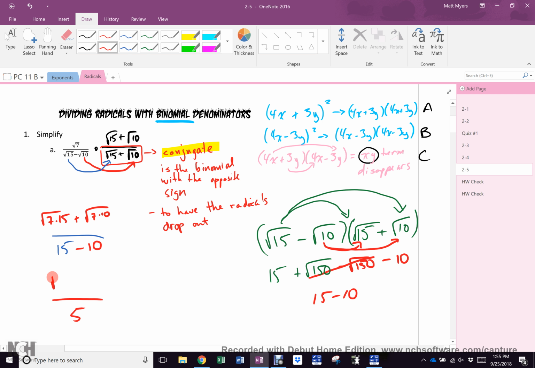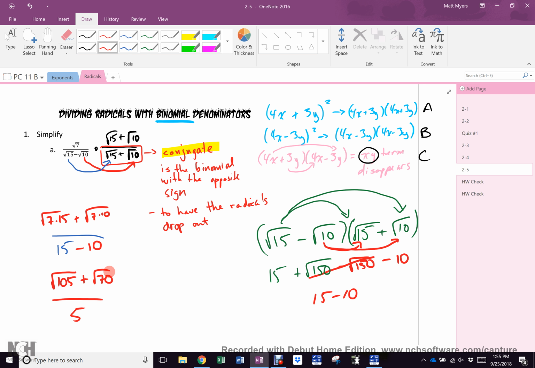Simplify that. Root 7 times 15 is 105 plus 7 times 10 is 70. Are we done? 105 is 3 times 5 times 7. No pairs. 70 is 2 times 5 times 7. No pairs.